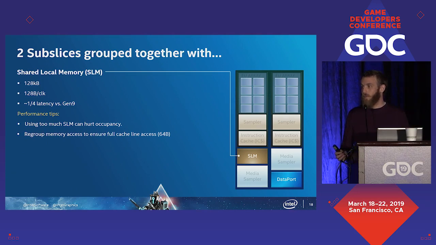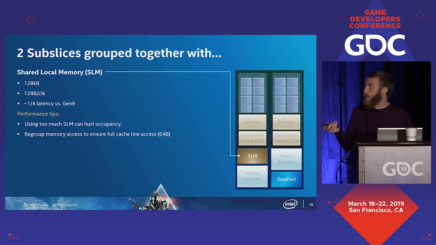So essentially, you're going to run into similar issues that I described with the bigger thread group. And as you access it manually, sometimes if you don't pay attention, you may be reading or writing to partial cache lines, and those partial cache writes and reads are pretty inefficient on Gen graphics.